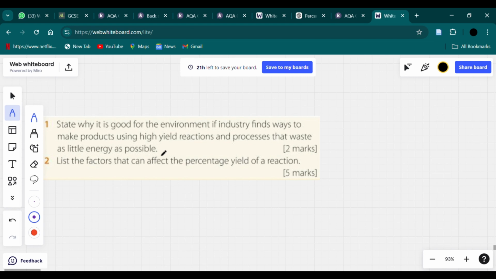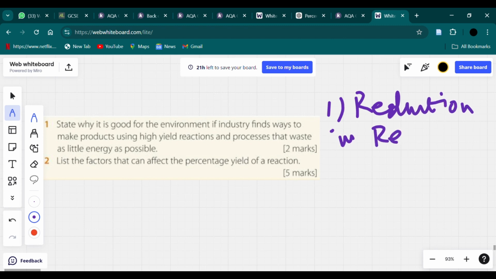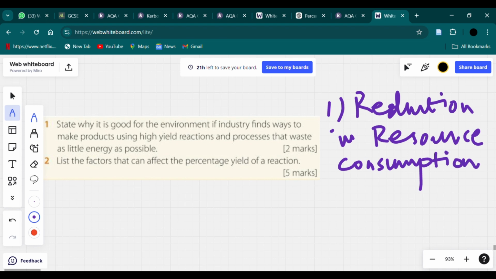One reason is the reduction in resource consumption. And the second reason is lower energy emissions.